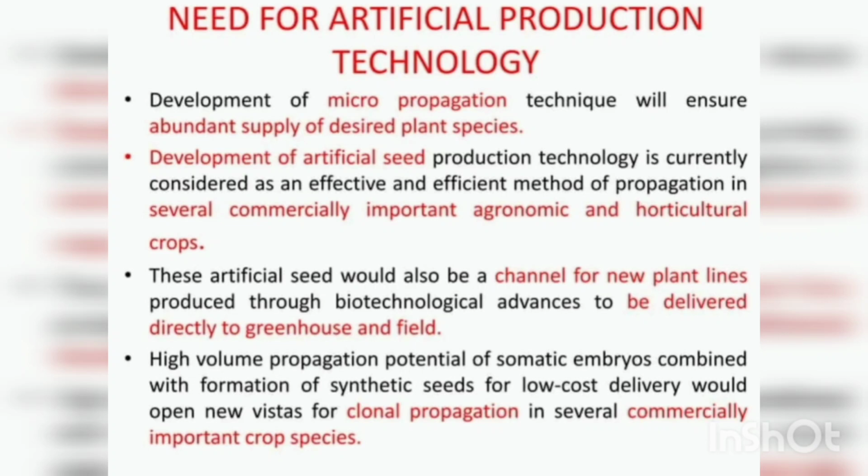And by clonal propagation, a high volume of somatic embryos can be prepared and encapsulated, and they can be used commercially to propagate these plants. So this is why we are using synthetic seeds.